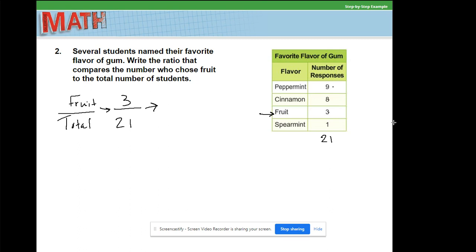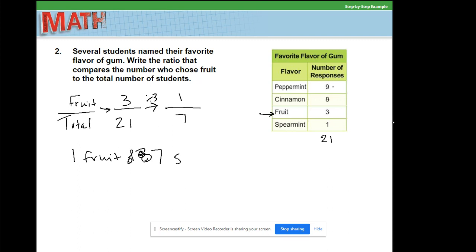So both of these can be simplified by 3. Divide both by 3. 3 divided by 3 is 1. And then 21 divided by 3 is 7. So now we have, for every one person who likes fruit gum, one fruit out of 7 students.